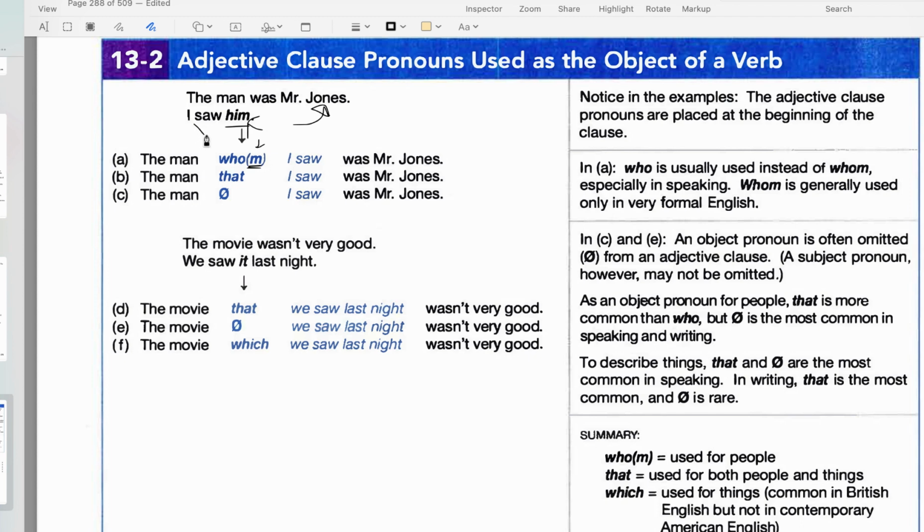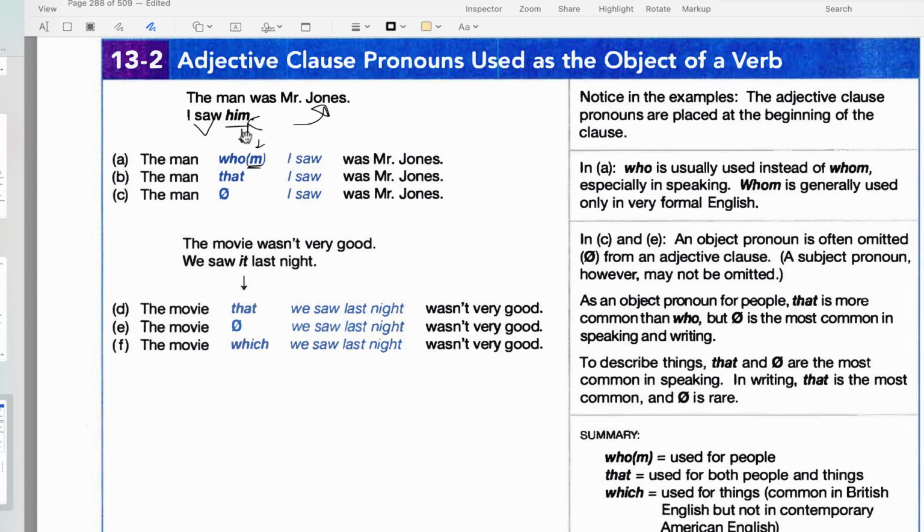Your verb is right here. So this noun is coming after the verb. So when it comes after the verb, we call it an object, the object of the verb. So what did you see? I saw him. That's the object of what you saw.